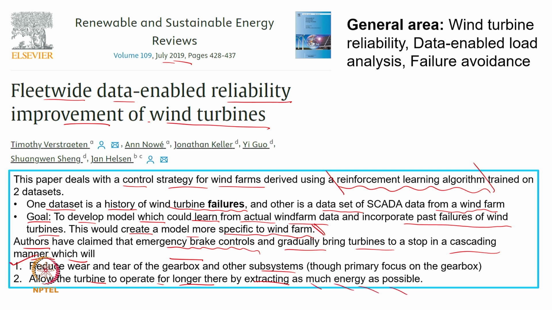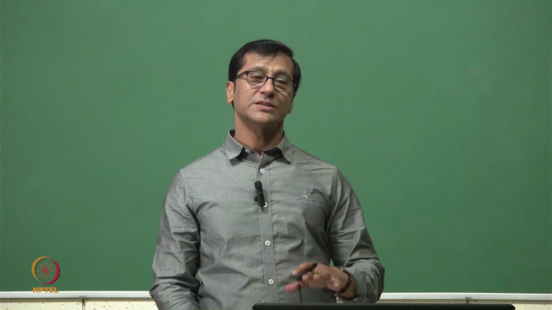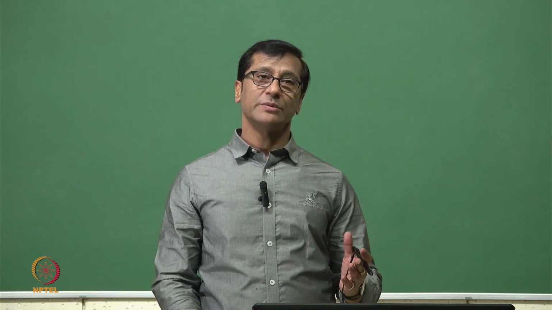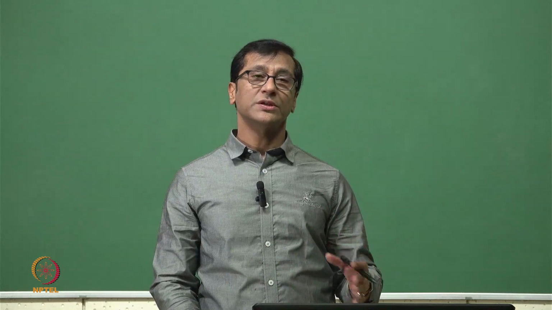So it maximizes energy extraction and minimizes wear. They use existing data or the history of wind turbine failures, get data directly from the wind turbine, and implement a new control strategy, giving more control to the brake so the turbines are gradually stopped one by one in a cascading manner, so that the overall wear rate comes down significantly and energy extraction is maximum.